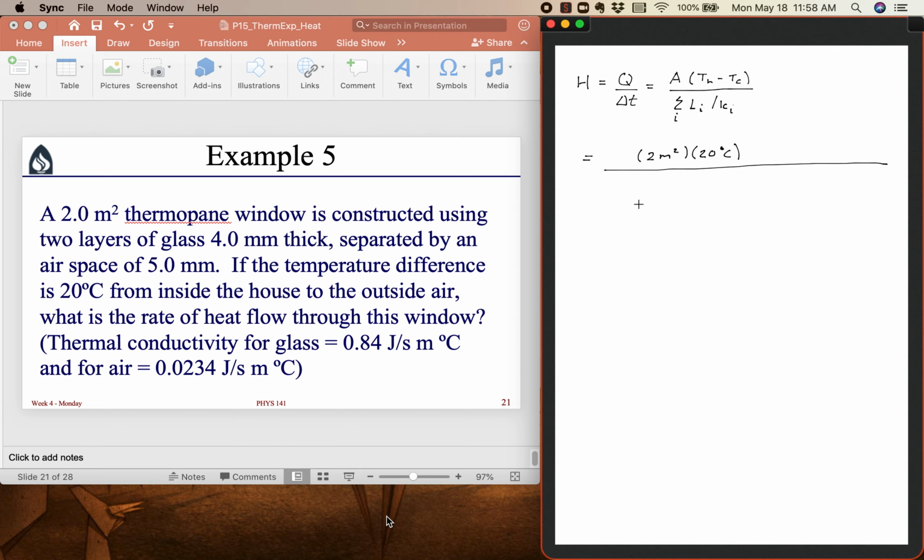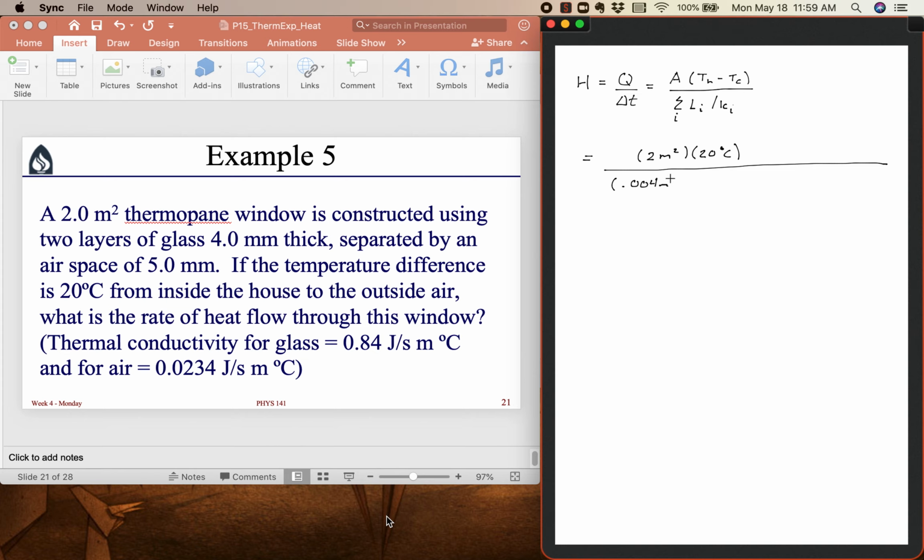And then I divide by the sum over all of the materials. So first off, I have this 4 millimeter thick piece of glass that the heat has to pass through. And so that would be equivalent to 0.004 meters.